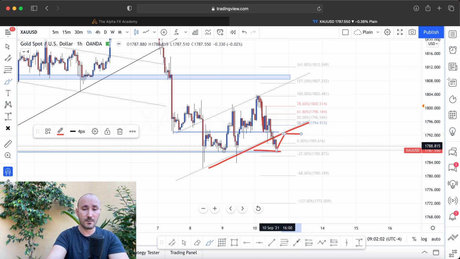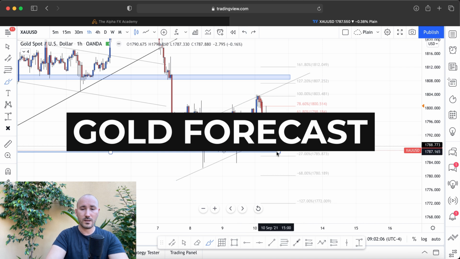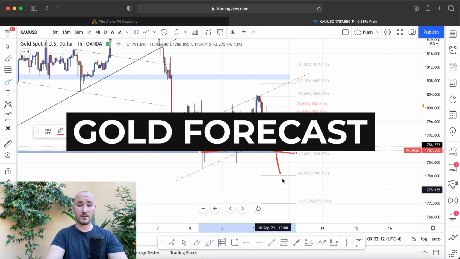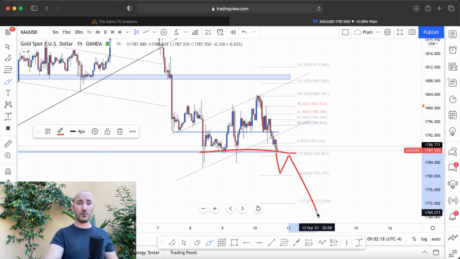If, for example, for any reason, price is going to break below the 1784 level and you have another support level which becomes a resistance after, if price comes back to this level, then you can be confident to sell because price is going to continue to the downside.